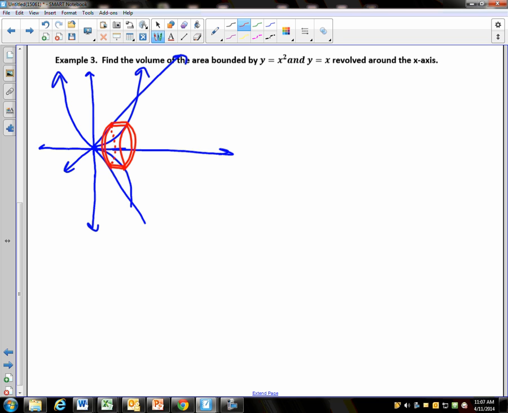I'm not doing the best job drawing this, but that's kind of the idea. Okay? You see that? So, let's unravel it. When you unravel it, what kind of shape are you going to get? Yeah. It'll kind of unravel like this. Very good.